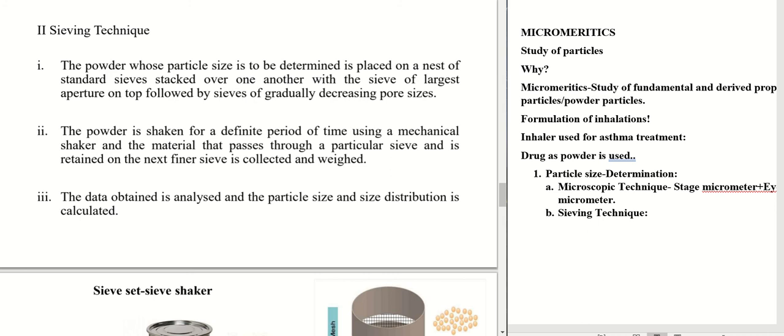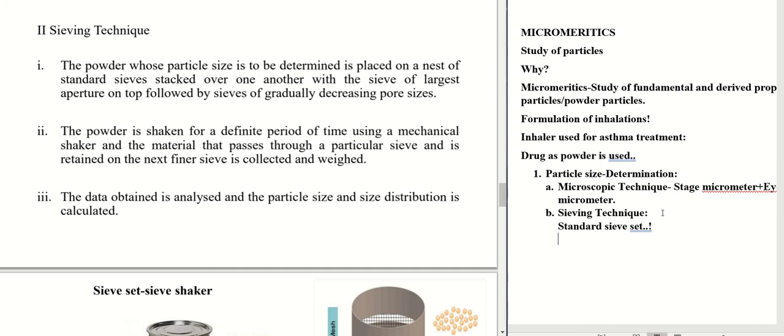In this technique, we will be making use of a standard sieve set. The name itself indicates we will be making use of sieves.